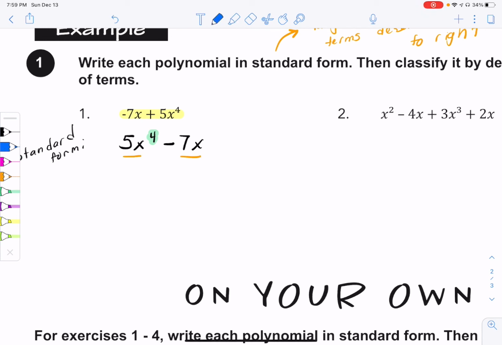So let's list this. Degree is the largest degree. Number of terms is 2. So we would call this a quartic, that's degree of 4. And 2 terms is a binomial, so quartic binomial. This is the name.